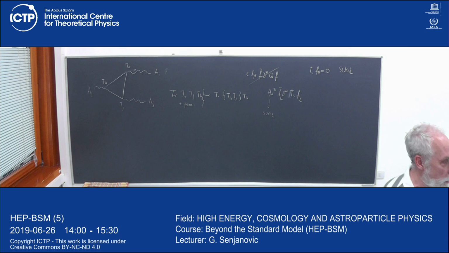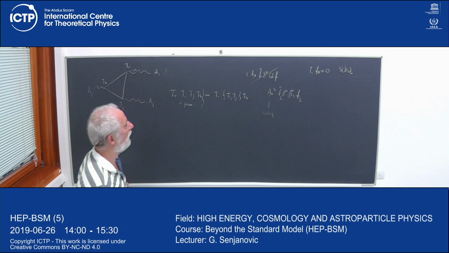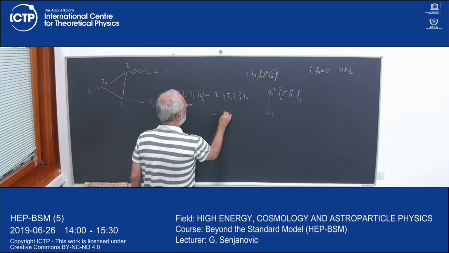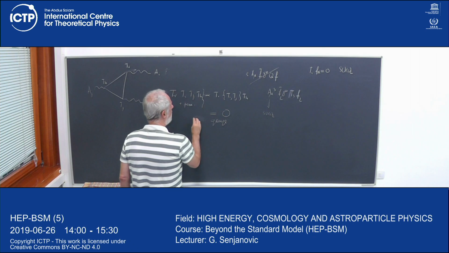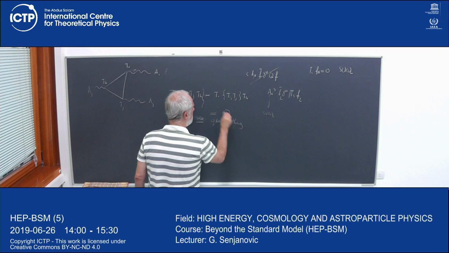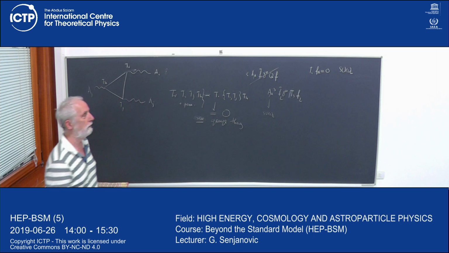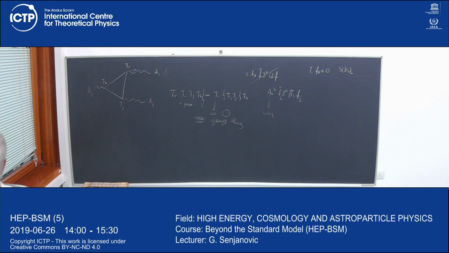It's not really broken, it's there. So that means that this must be 0 in any renormalizable gauge theory. If and only if it is 0, the theory will work. So let's see what this indicates for the standard model.